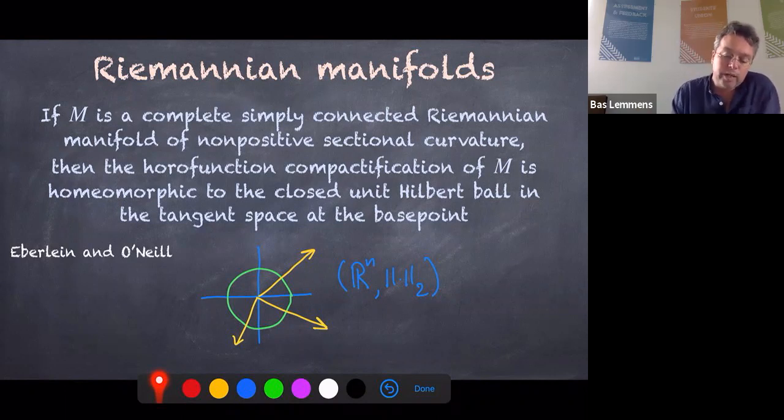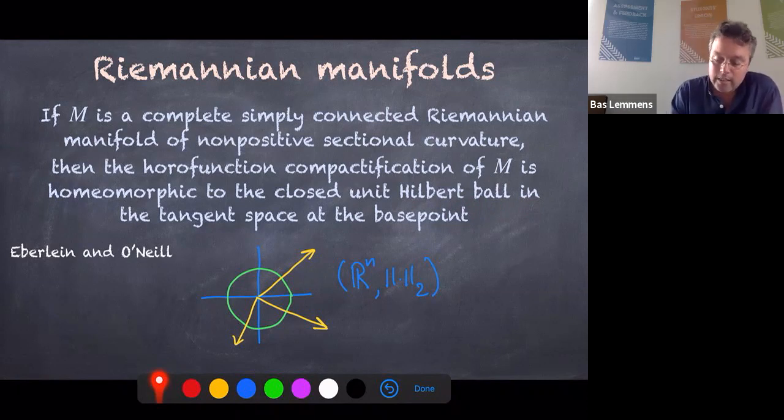If we have a complete simply connected Riemannian manifold of non-positive sectional curvature, then the horofunction compactification of M is homeomorphic to the closed unit Hilbert ball in the tangent space at the base point.